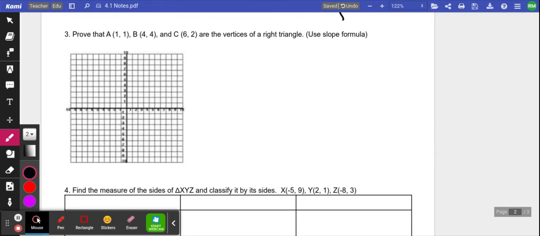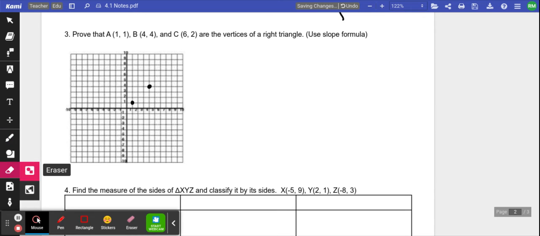Next, let's move on. Okay, next it says prove that A, B, C are vertices of a right triangle. Use the slope formula. Again, you're going to want to plot the points. I think I messed up on that last point.